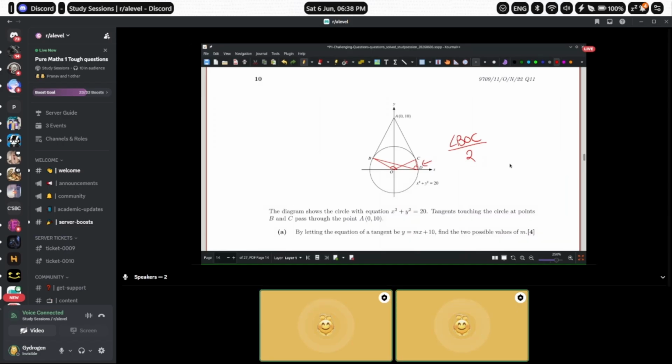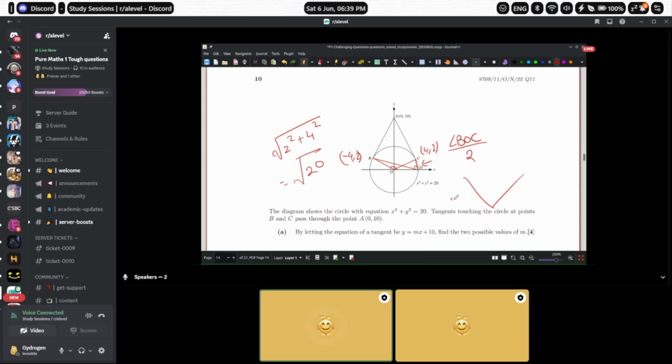To find angle BOC, this is minus 4, 2. This is 4, 2. So you can just find the distance between one of these points and the origin. That's 2 squared plus 4 squared, which is square root of 20.